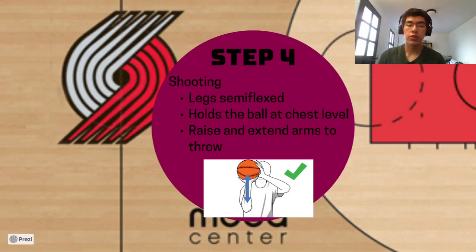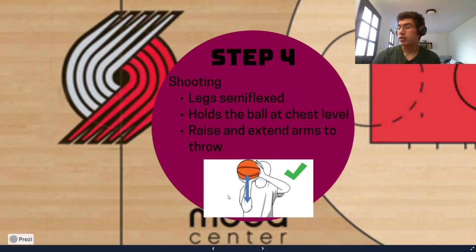Then, in order to have momentum, we have to semi-flex our knees, have the ball at chest height, jump and extend our arms so that the ball reaches further. A very good tip is to give a spin to the ball with the wrist. And these are the four steps.